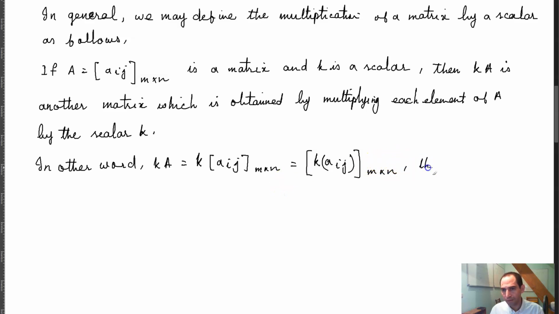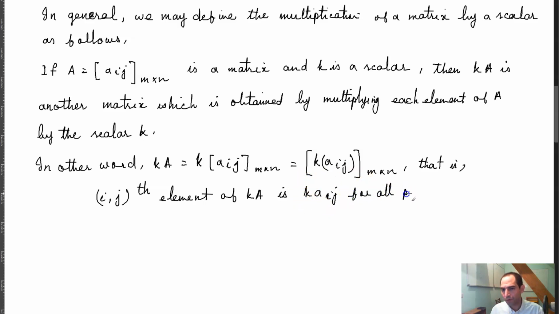That is, basically the i, jth element of kA is k times Aij for all possible values of i and j, right?